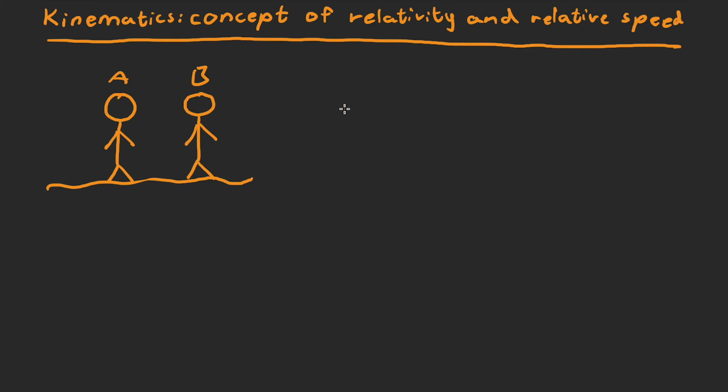Let's say that we have an object x with a different distance from A and B. We know that B is moving with a constant velocity to the right.